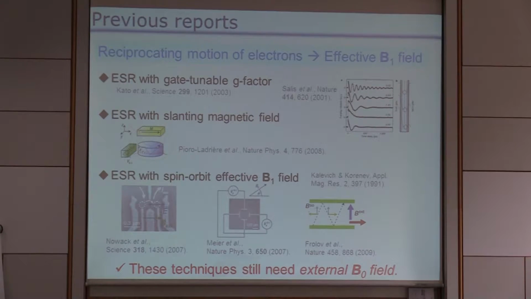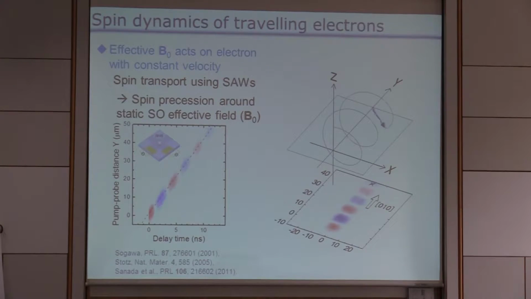So we wanted to replace all the magnetic fields with the spin-orbit effective magnetic field. The answer is now clear, because we already know the effective static magnetic field acting on electrons moving with constant velocity, as I have shown already. So we can use this.